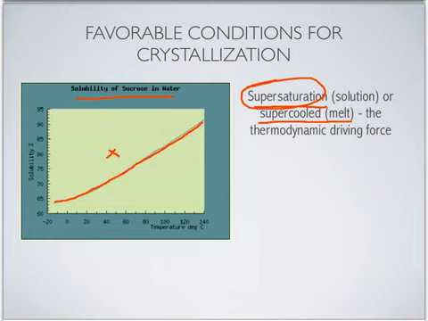So how do we achieve this supersaturated state? Basically, we can achieve this by either cooling below the melting point of a compound.